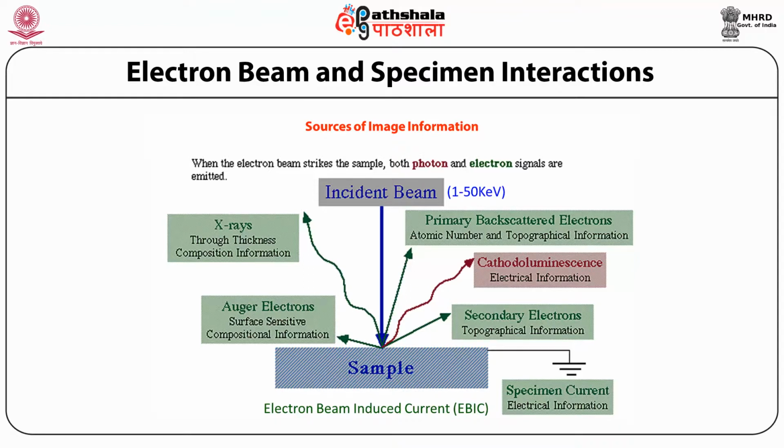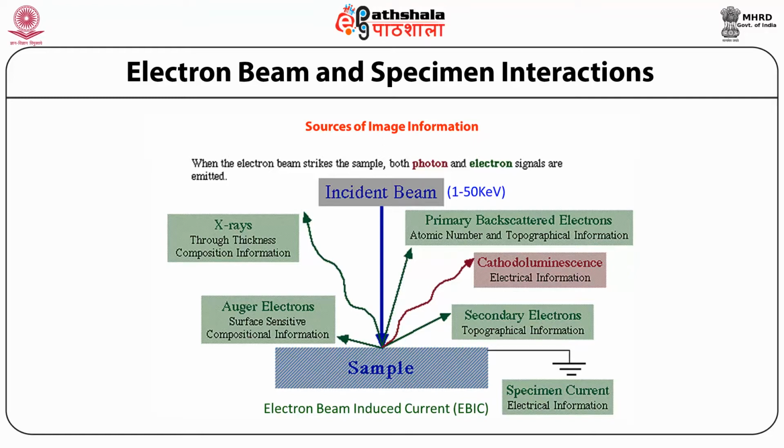When the electron beam strikes the sample, both photons and electron signals are emitted. As shown in this figure, if there is an incident beam having energy from 1 to 50 kilo electron volt, then there may be an emission of Auger electrons, which are surface sensitive and carry compositional information.